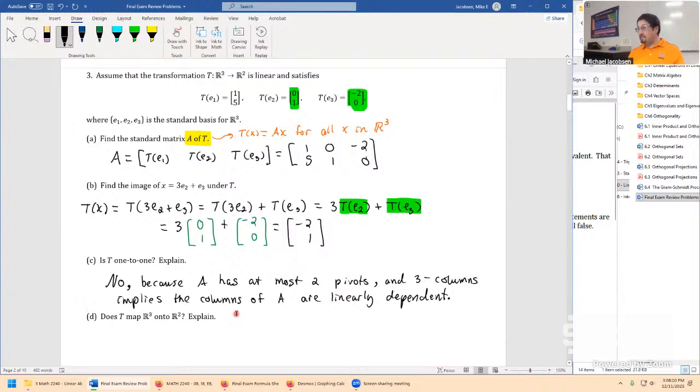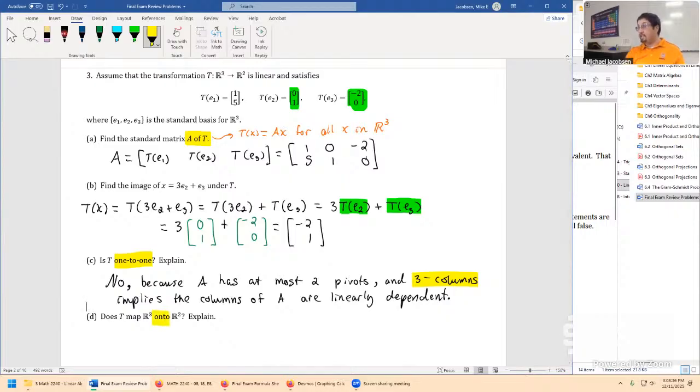And the same kind of idea: 1-to-1 has to deal with columns. But if you're talking about onto, this has to do with rows. And even though we haven't row reduced this matrix, in the one step you would take to row reduce it, you would get a 0 here and a 1 right here. There's automatically a pivot in every row.